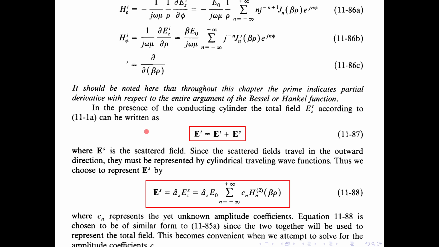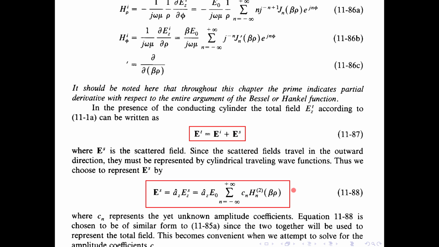And now we already have the cylindrical wave expansion of the incident plane wave here, and we need a cylindrical wave expansion for the scattered field. Since the scattered field is due to the currents on the surface of the cylinder and it travels outward from the cylinder, we can represent it as a summation of cylindrical waves with outward propagation, and these are the Hankel functions of the second kind.